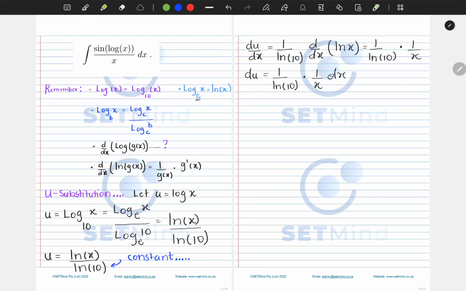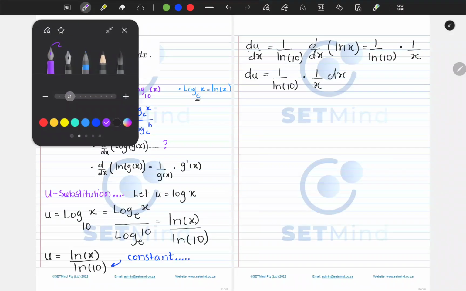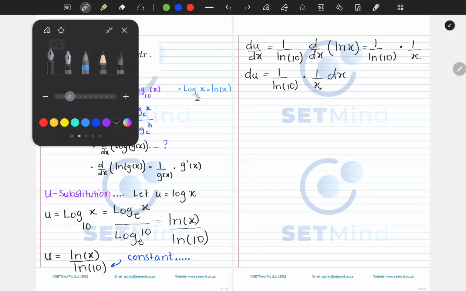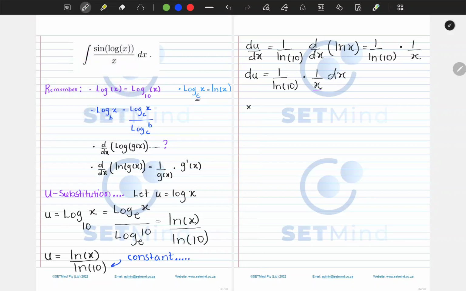And how I usually think of these problems is, if you look at our problem carefully, we do have a division by x and we do have dx. So you can actually multiply both sides by ln of 10, such that you are going to have 1 over x dx, of which that would account for this entire term, meaning we can now replace it with whatever is on the left hand side.